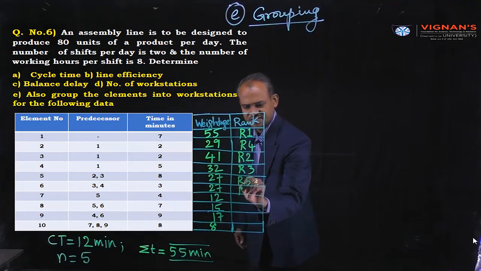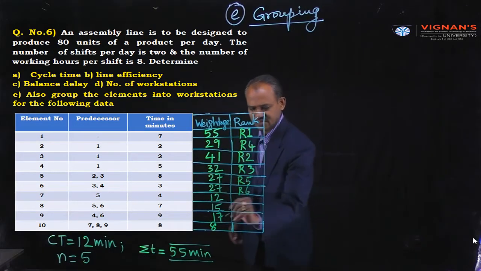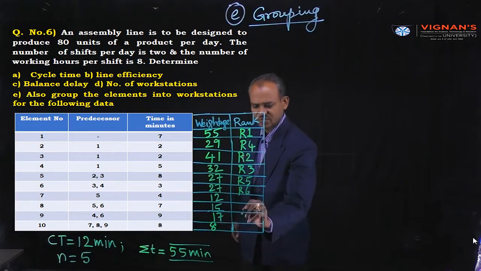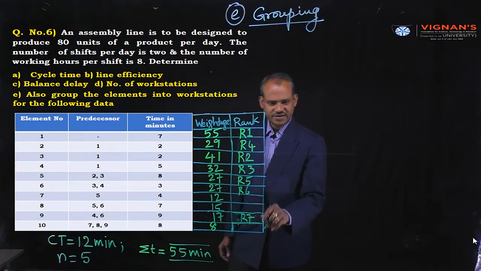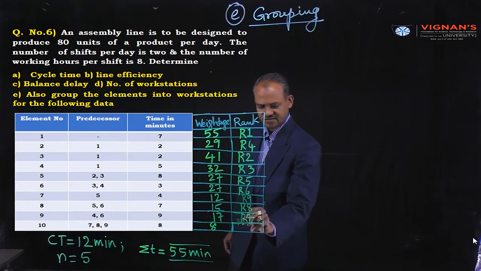Next rank 6. Next highest 17 is rank 7. Next 15 is rank 8. Next 12 is rank 9. Next, the least value is R10.